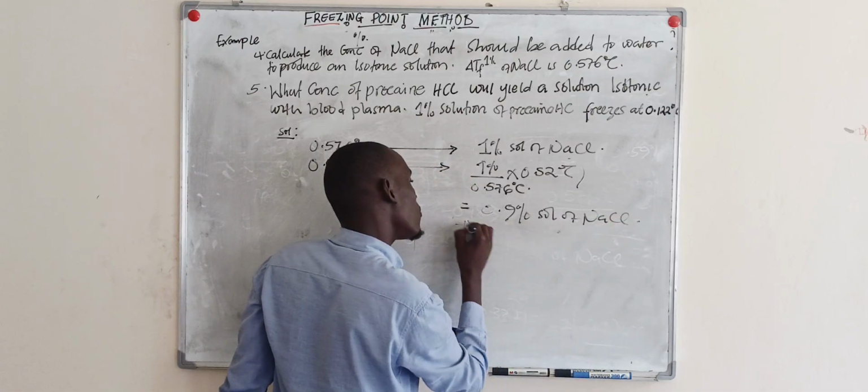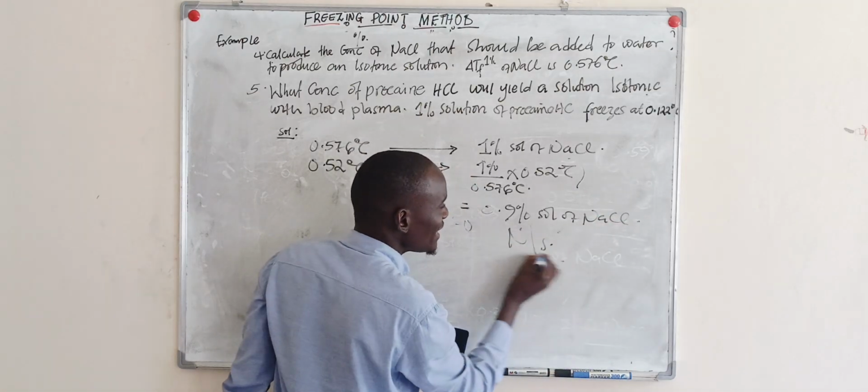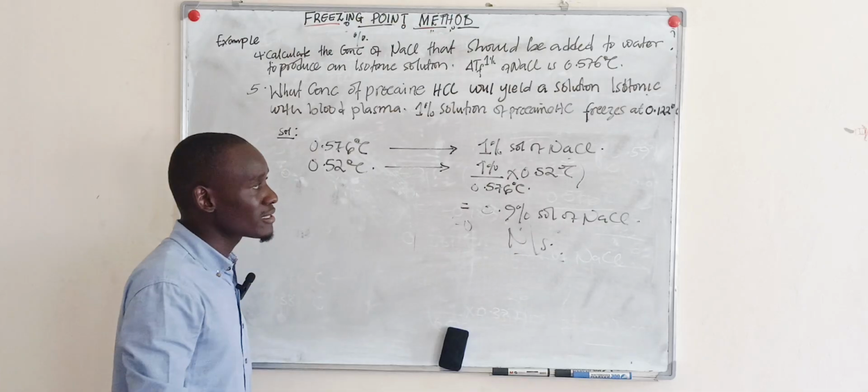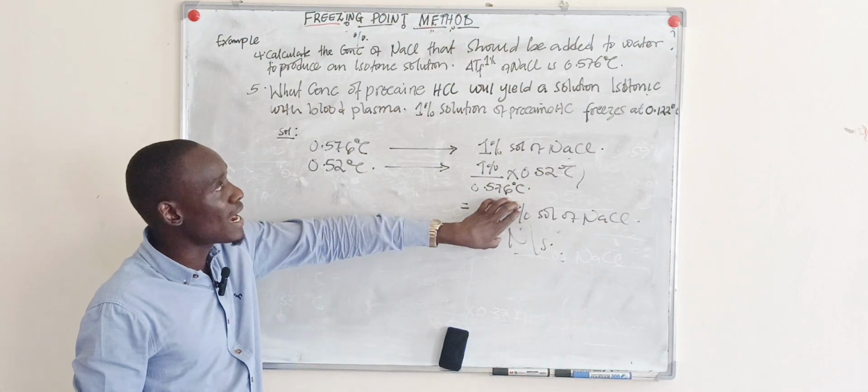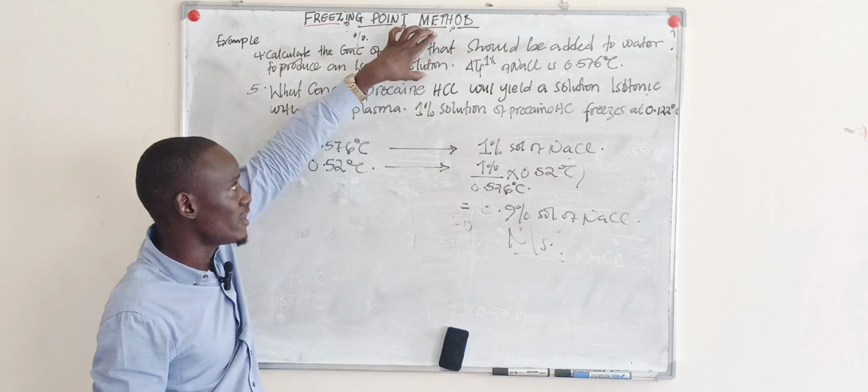That explains why normal saline is said to be isotonic with blood plasma. And this is how we can solve such a question.